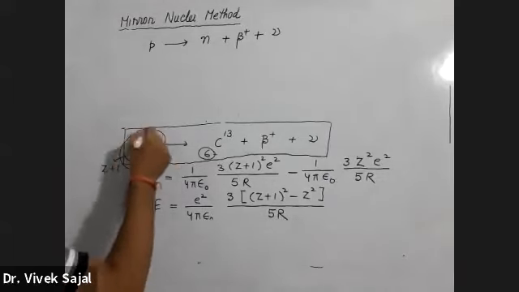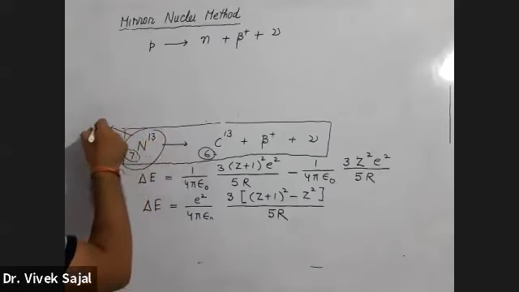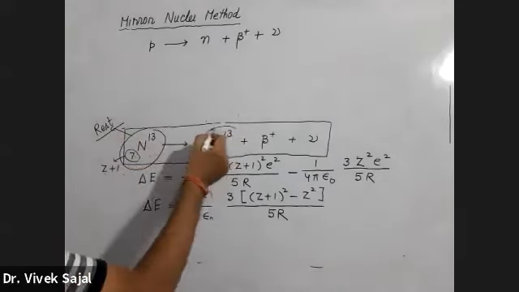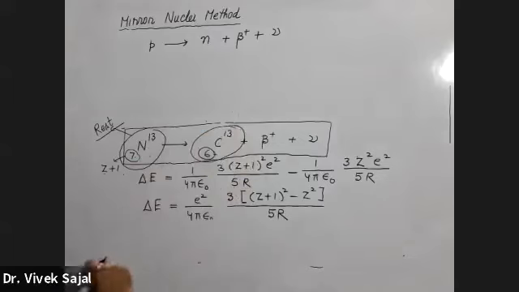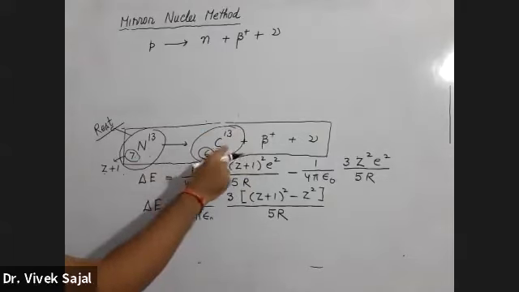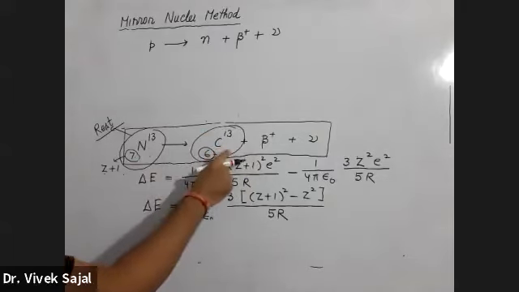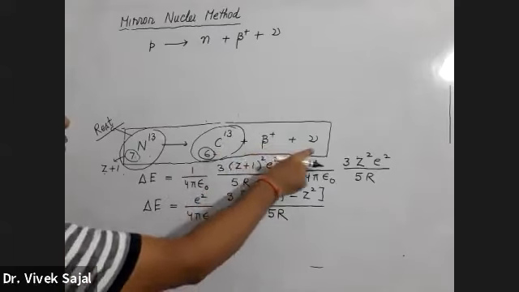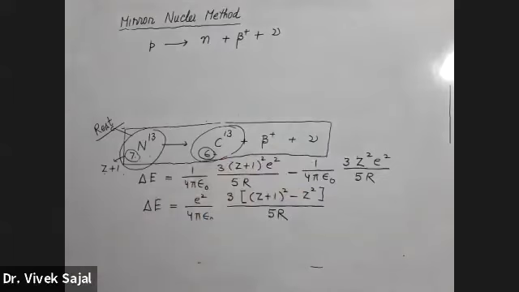Here, this nucleus is considered at rest when it is emitting these particles. The mass of this nucleus is very large as compared to the mass of the positron and neutrino.